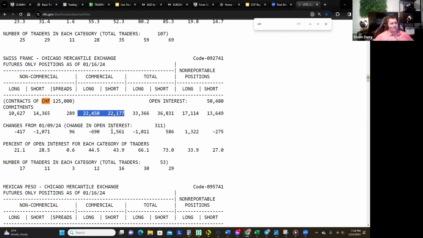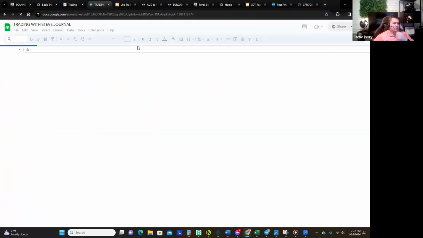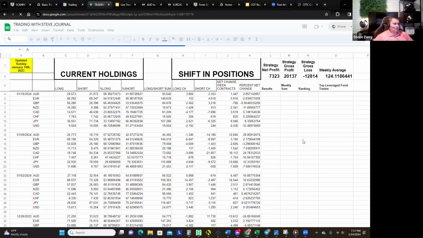Although the Swiss franc doesn't have as much interest and it's not used as much across most financial markets, we have to proportionally find out what the percent change is each week. And I actually built that into the scanner. I'll show you the journal. Actually, we built that in. It's actually built in right here.